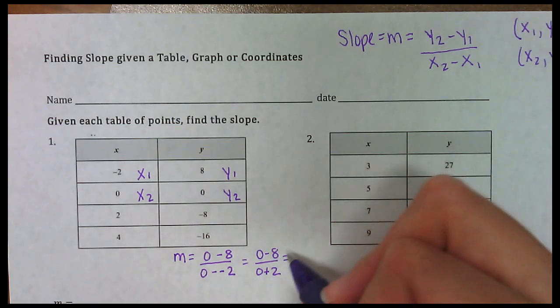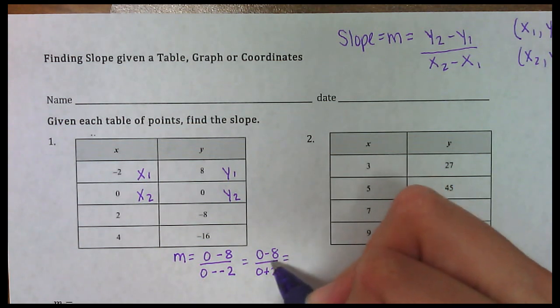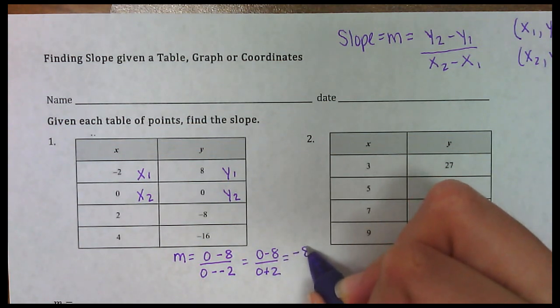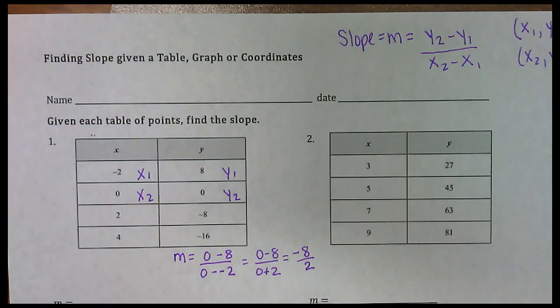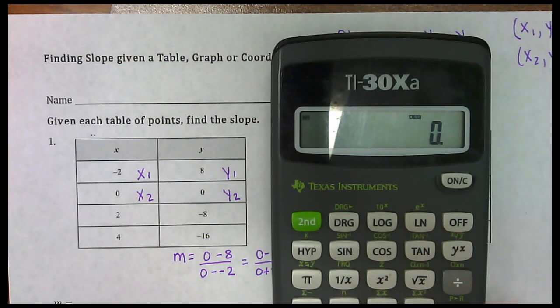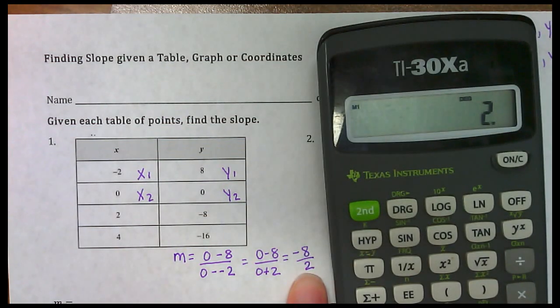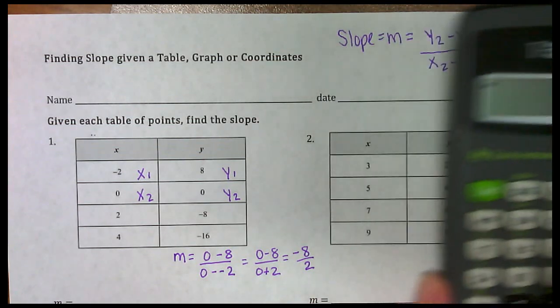If you're not great with positives and negatives, type these things into your calculator. 0 minus 8 is negative 8, and 0 plus 2 is 2. Notice how if I type 0 minus negative 2 into my calculator and hit equals, I get positive 2. So if you can't remember this fact, you can always use your calculator to check.